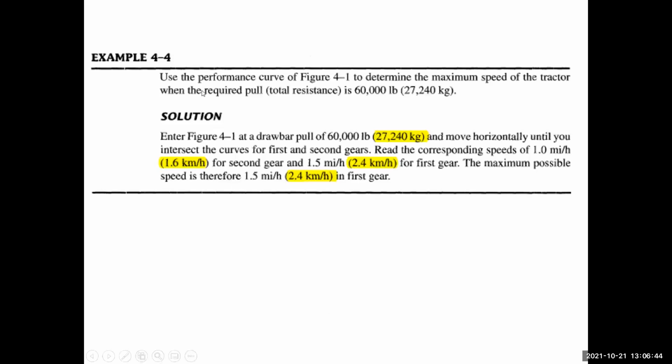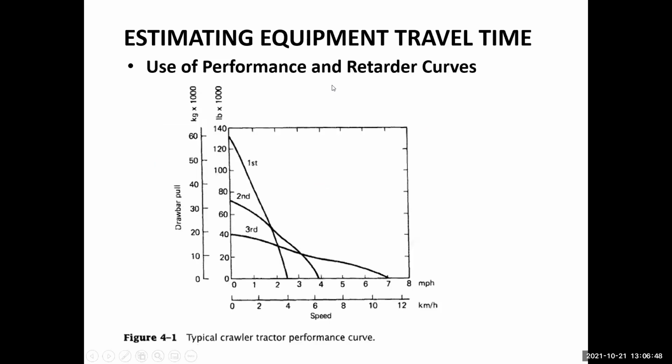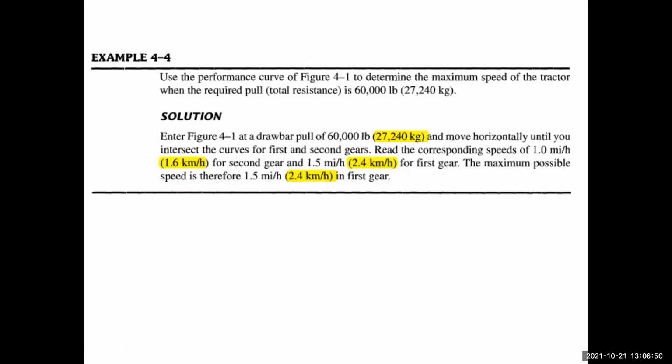So example 4-4. Use the performance curve of figure 4-1, that is this one, to determine the maximum speed of the tractor when the required pull is 27,240 kilograms.